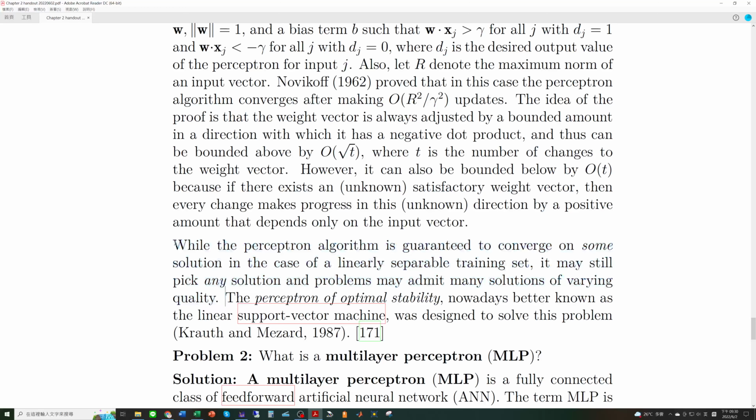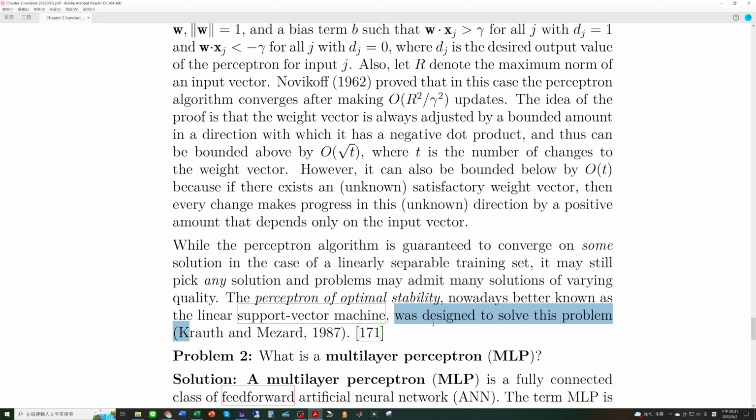The perceptron of optimal stability, nowadays better known as the linear support vector machine, usually translated into Chinese as 支援向量机, with the abbreviation SVM, was designed to solve this problem.